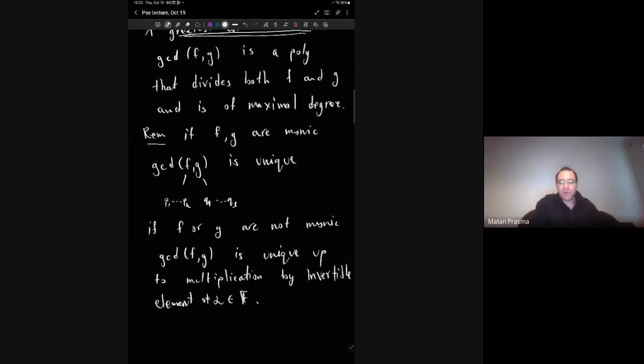Now we're going to actually employ the analogy between polynomials and integers in order to get an analog of the Bézout lemma. So let me remind you, we actually didn't do a proof of the Bézout lemma.